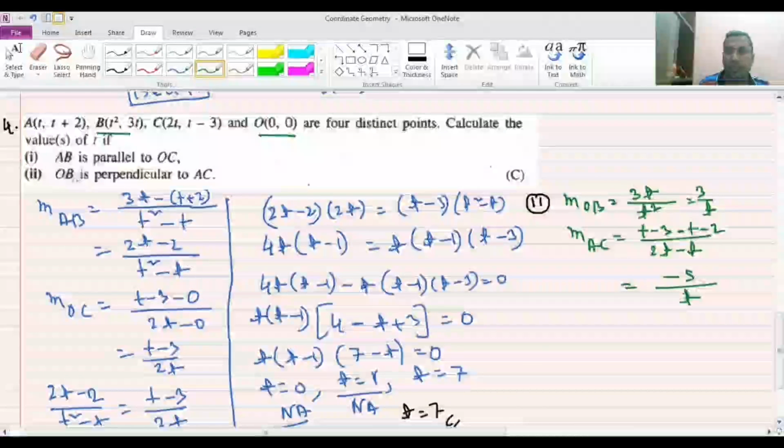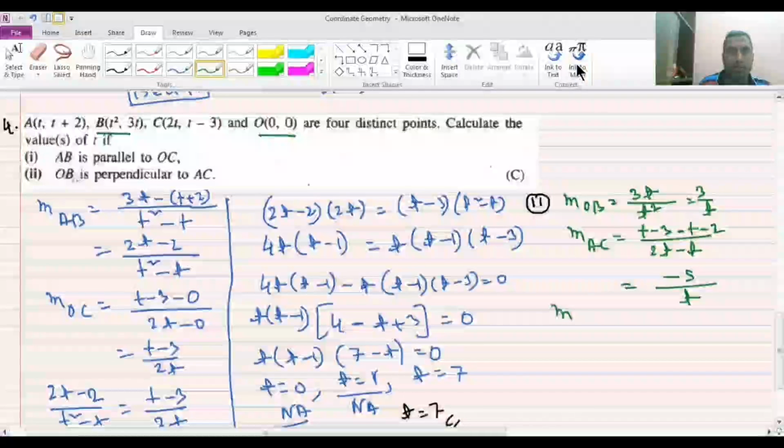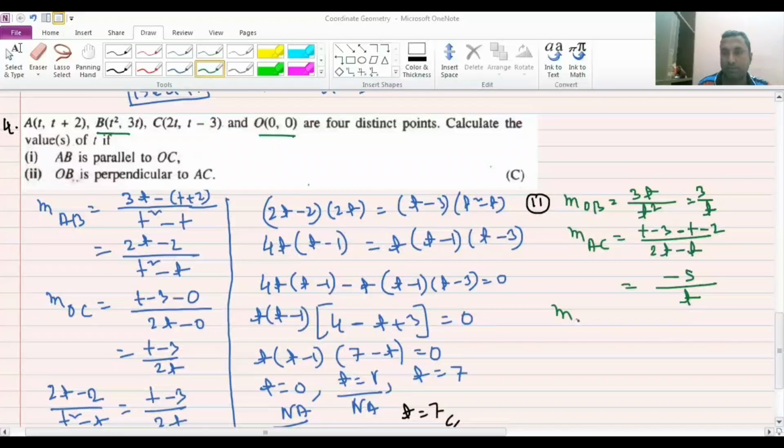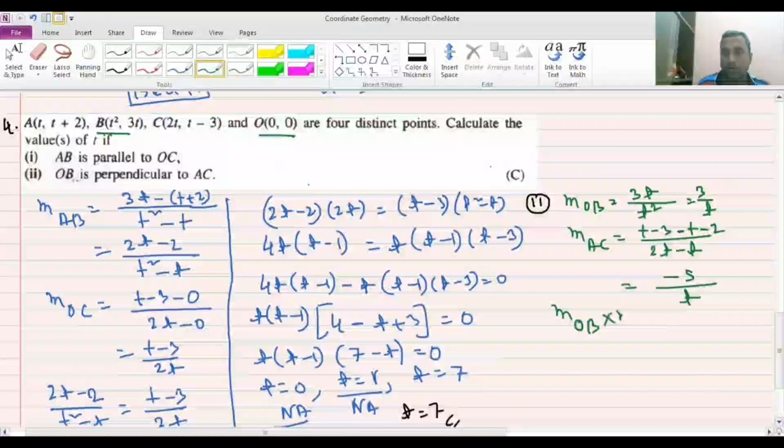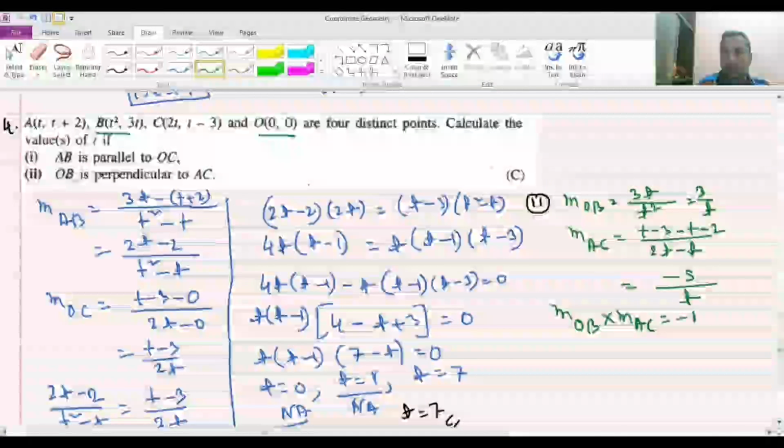Since OB and AC are perpendicular, we know that if two lines are parallel, their gradients are equal, and if two lines are perpendicular to each other, the product of the gradients will be −1. So the gradient of OB times the gradient of AC equals −1.